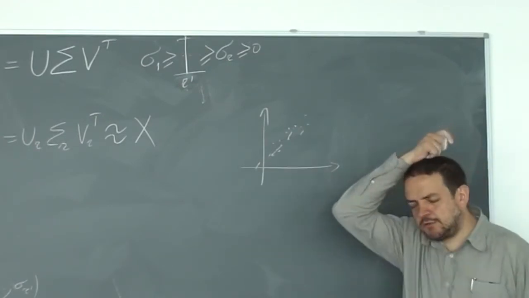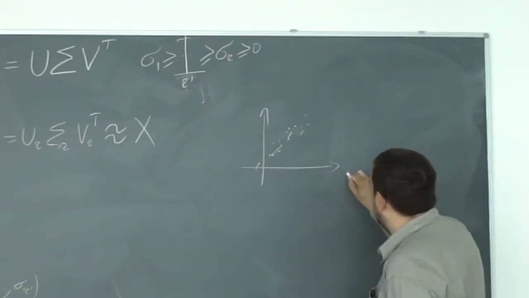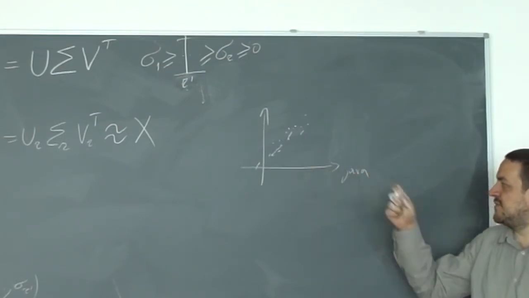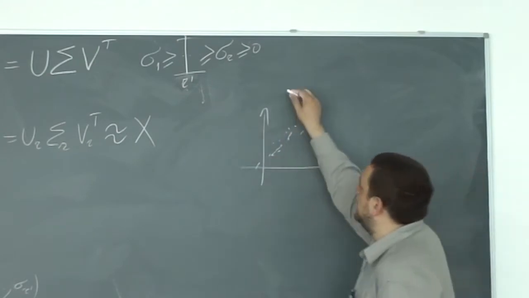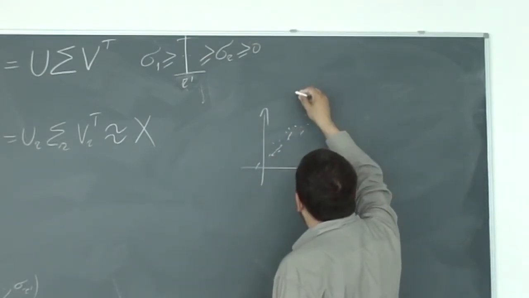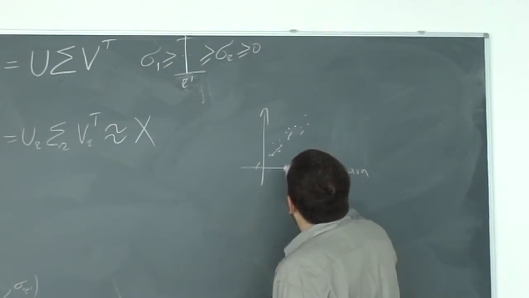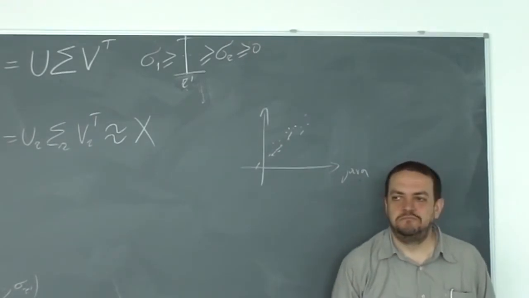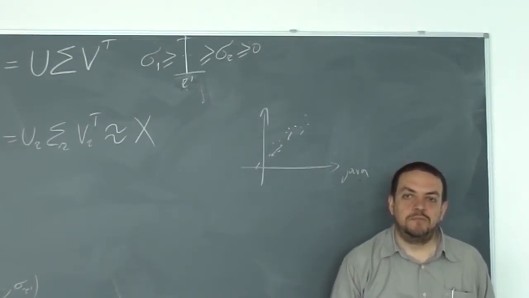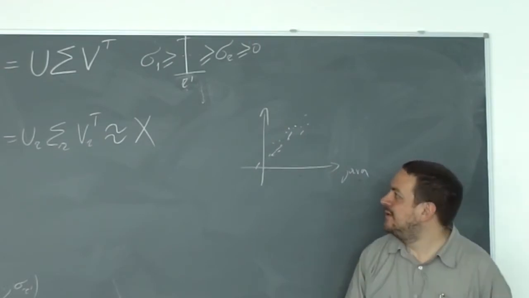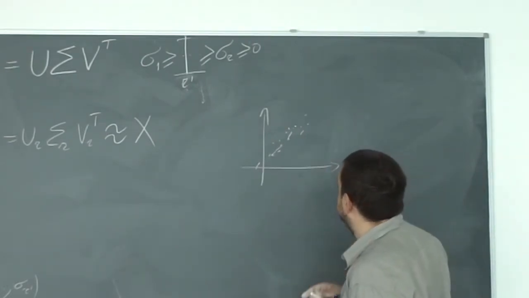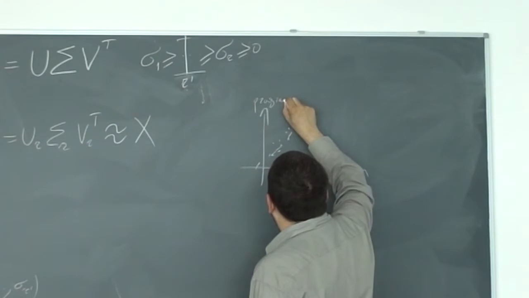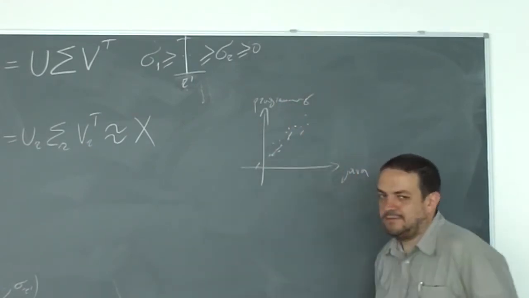Suppose that this is about programming languages, and this is the axis that counts the frequency of the term Java in the document, and this is the axis of something that always goes with Java. Let's say that people who talk about programming are often talking about Java.